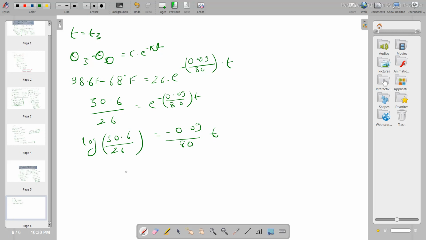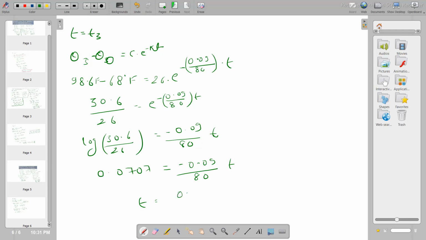So the value of log 30.6 by 26 is 0.0707, and the value of 0.09 by 80 into t. Now we will get the value of t when we do the multiplication.